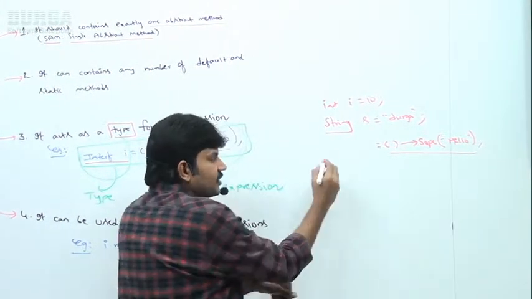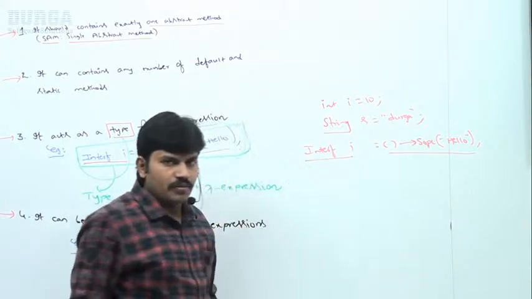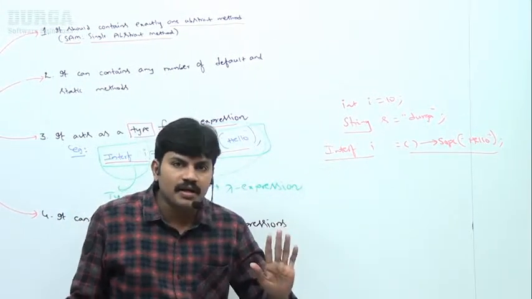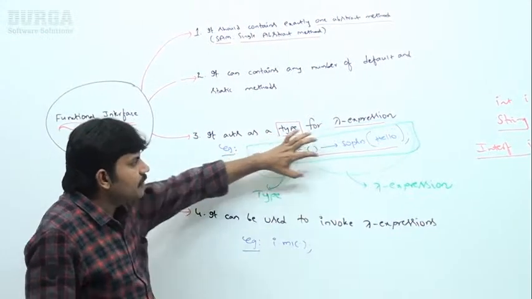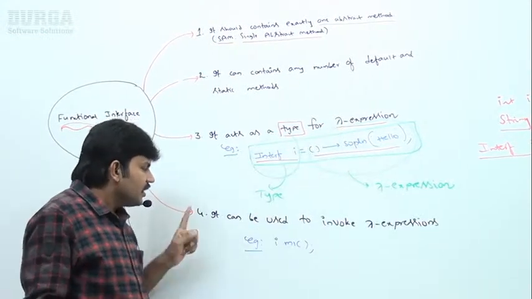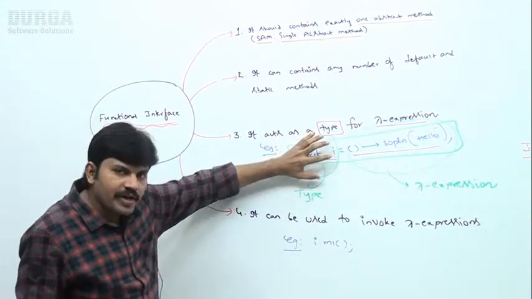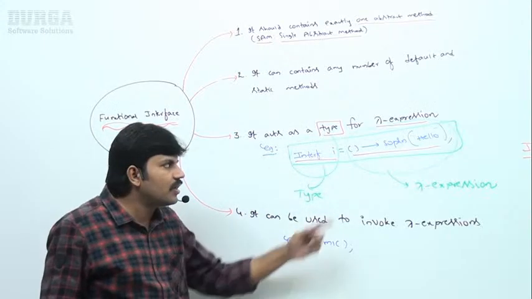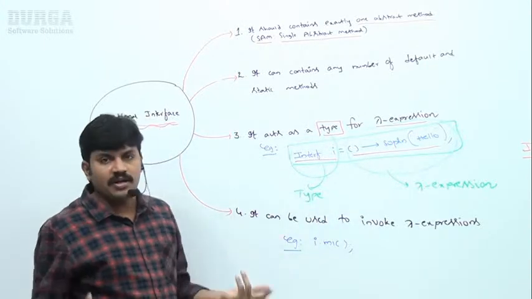The type itself is nothing but a functional interface, right? Are you able to understand, right? So it acts as a type for the lambda expression. Next, interface I is the type, and this one is the lambda expression, right? Next, what is the purpose of a functional interface? Once we provide it as a type, by using that, happily we can invoke this functional interface any number of times based on our requirement, right?